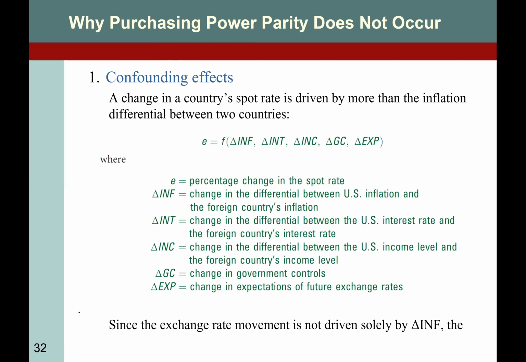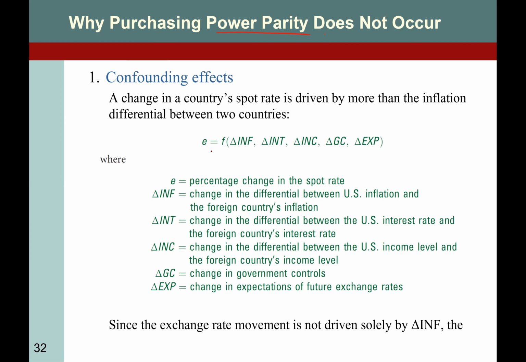Okay, now, Nicola, your question that you asked a couple of slides ago, I gave you the partial answer. Why do purchasing power parity and also interest rate parity not hold or not occur?